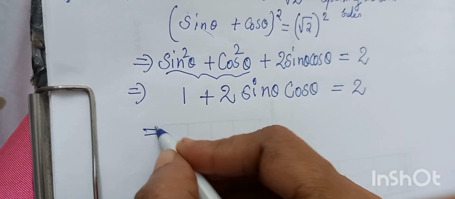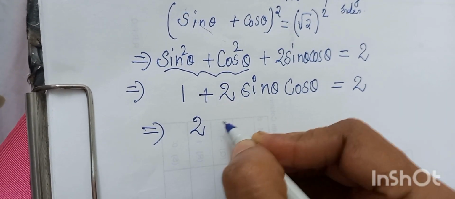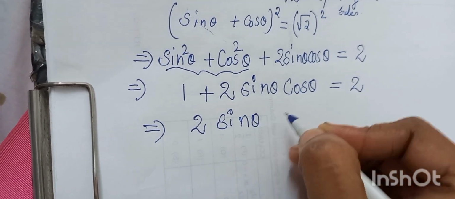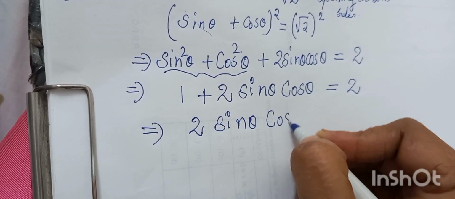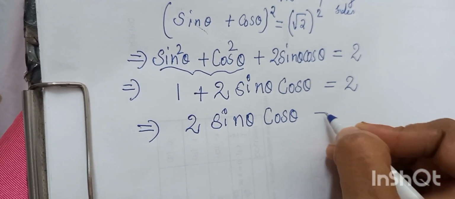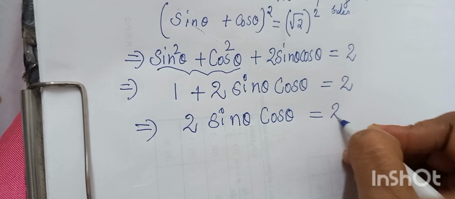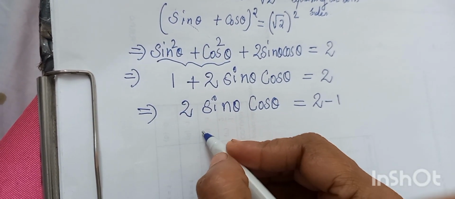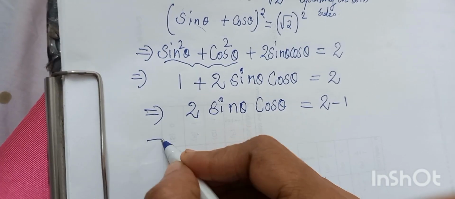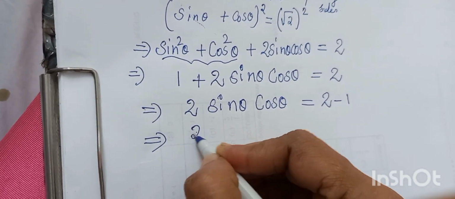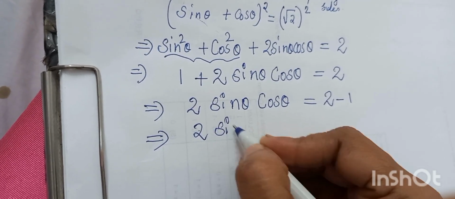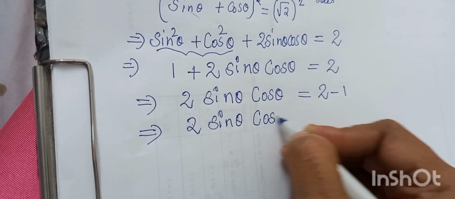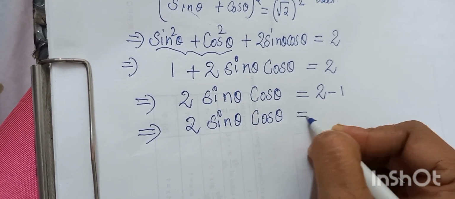Which implies 2 sin theta cos theta is equal to 2 minus 1, which implies 2 sin theta cos theta is equal to 1.